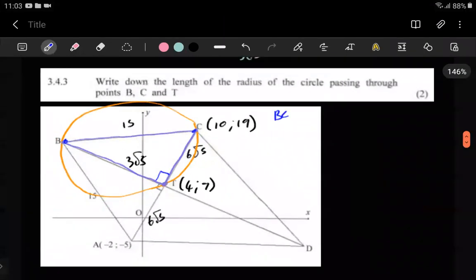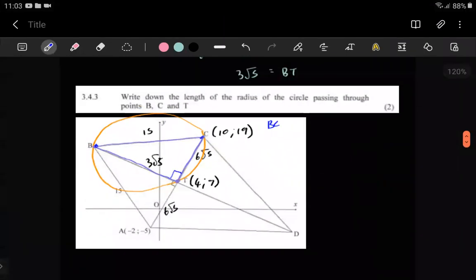Anyways, the one thing we mentioned here was that if this is a circle that passes through B, C, and T, the one thing to remember is that this is not just a random circle, and this is also not just a random triangle. As long as this is specifically a right angle triangle, it means that BC is the diameter of the circle.